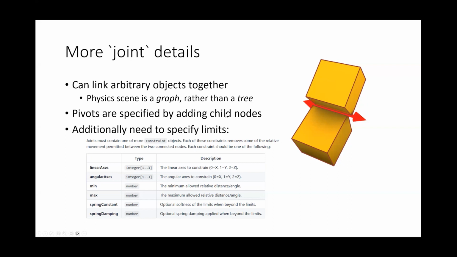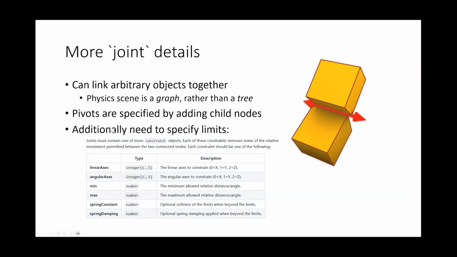And we specify pivots, so where the joint is on each body, by adding a child node to the body. So that allows you to have a transform that you can just point around and say, this is the axis I'm rotating around, or I'm allowed to translate on this axis and not allowed to translate on this axis.